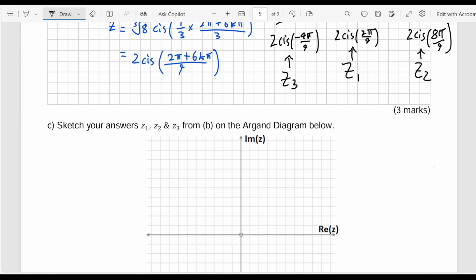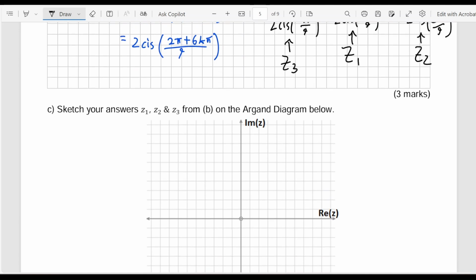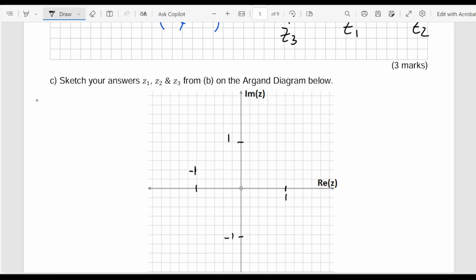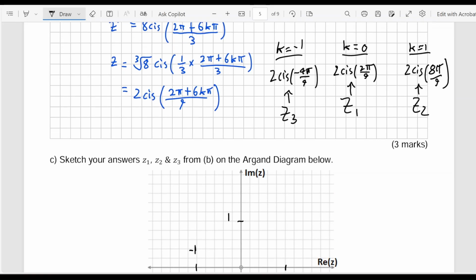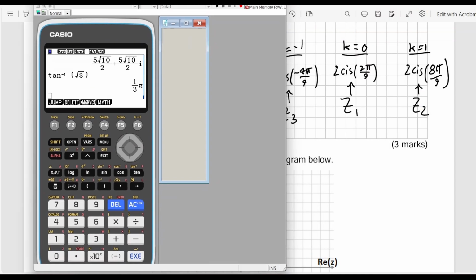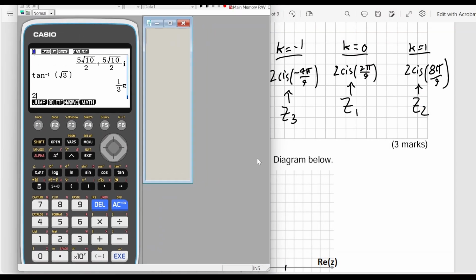So probably not a bad idea to pop in your scale. We don't need our scale to be too big. We're just going to go 1 there. And let's get some approximates for this, just to know we're definitely putting them in the right spot. So easiest way to get an approximate for a cis like that is to go, instead of using cis form, use Euler's form 2e to the i 2 pi over 9.